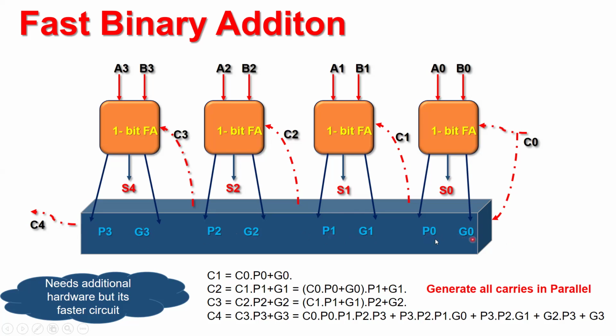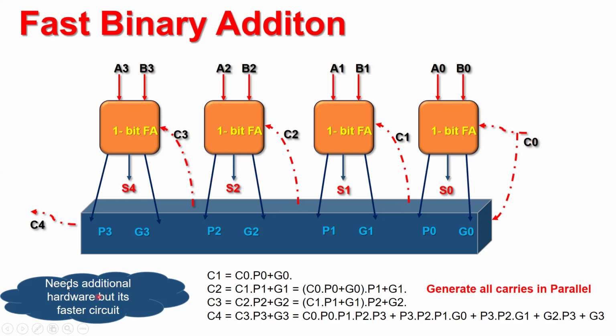In other words, G i and P i, through AND logic and XOR logic. And then there is this extra hardware to compute all these C1, C2, C3, C4, or rather C i plus 1, the next stage carries. C naught we assume to be 0. And those carries are going to the stages, as you see here with the red arrows.